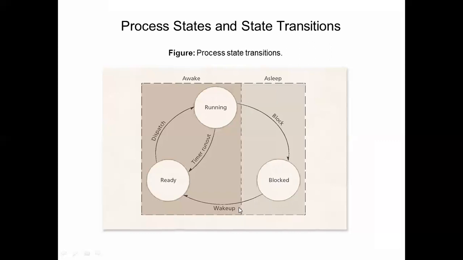As you wake it up, the signal will go to the operating system, and that process will go from the blocked state to the ready list. The same procedure goes hand in hand, but it will depend on the commands as well as the signals from the operating system.